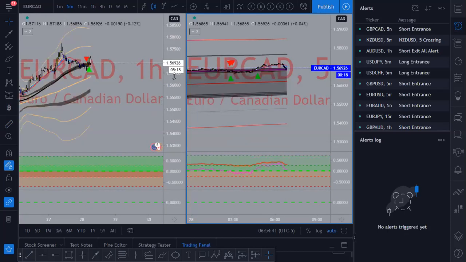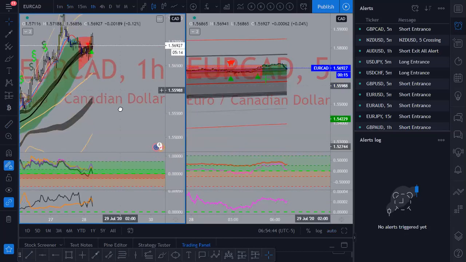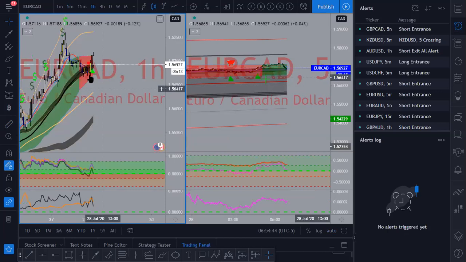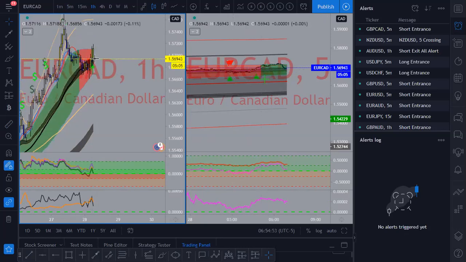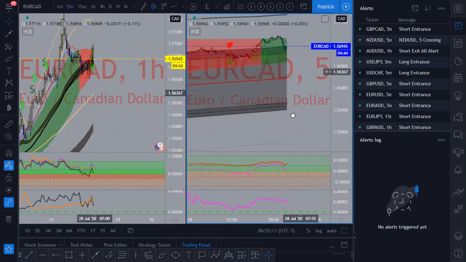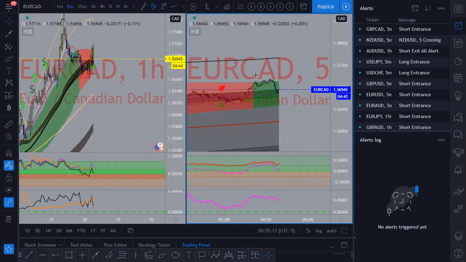Oh, no, it doesn't. With EURCAD, we had the sell call at 3 o'clock, but then at 5 o'clock it called for the buy, but we do see a bearish candle popping up right after. Now, this can be just a retest of the RSI line before it comes back up here, but I'm not gonna say we need to just get in this trade for the buy, although it does look pretty valid because look, we have the break to the upside, the retest.